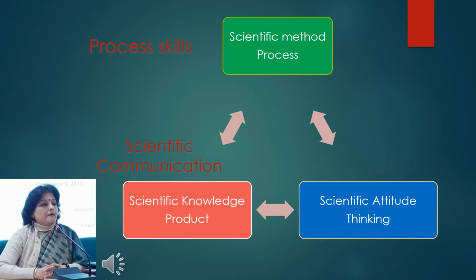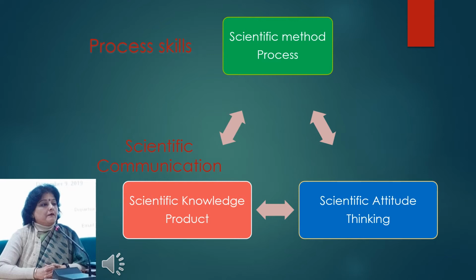So, if we want to engage learners with science, we have to engage learners with all these three aspects of science. The knowledge, which is the content, which is already there in the classroom, the processes, and the scientific thinking.